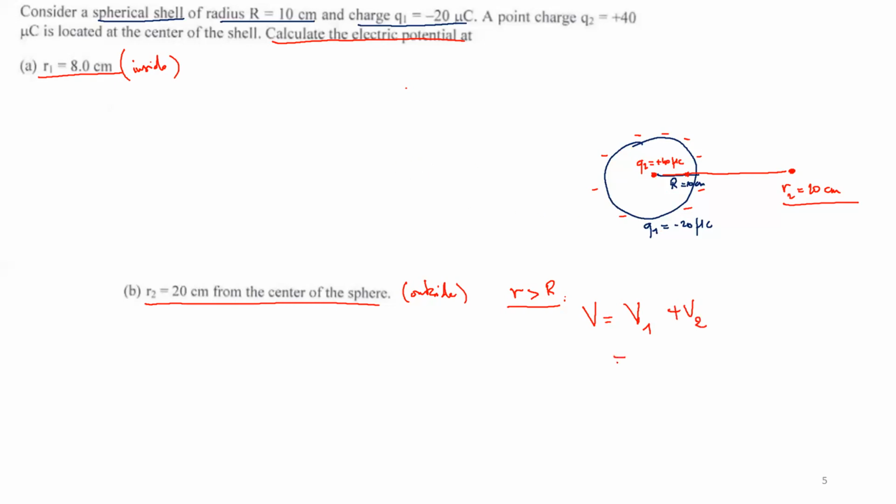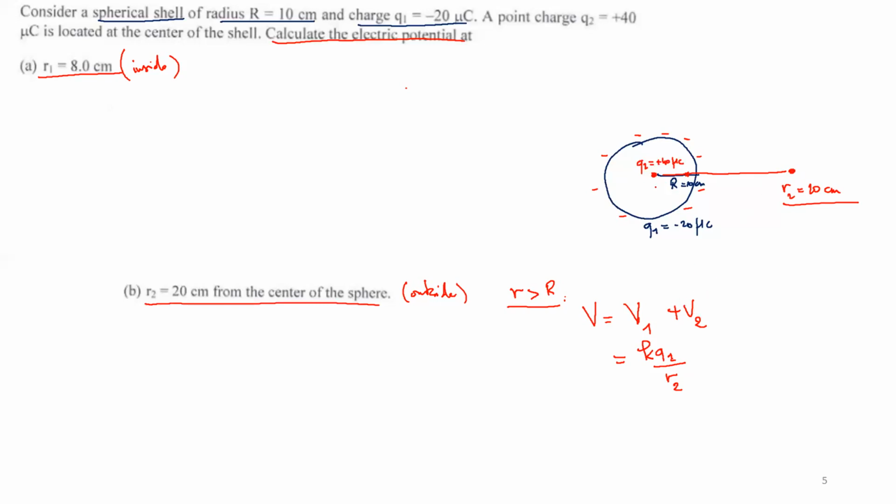What is the contribution from the shell to the electric potential? Well, it will behave like a point charge. So it will be K Q1 divided by R2, and R2 being the distance between the center and where I want to calculate the electric potential.